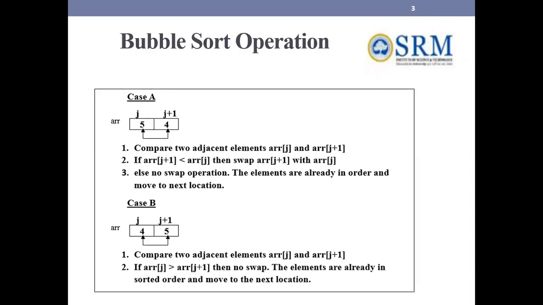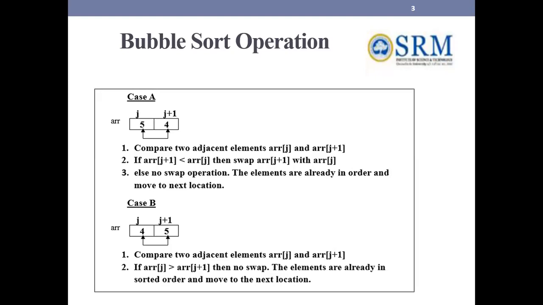So, how does the bubble sort operation work? It contains two basic operations, that is comparison and swapping. For example, there are two cases, case A and case B. ARR is the array name. For example, it has two elements, 5 and 4. The values are not in ascending order. So A[j] is 5 and the next location A[j+1] is 4.